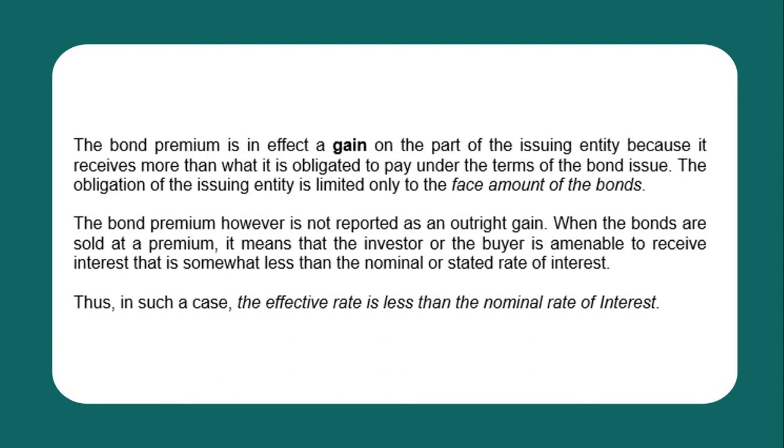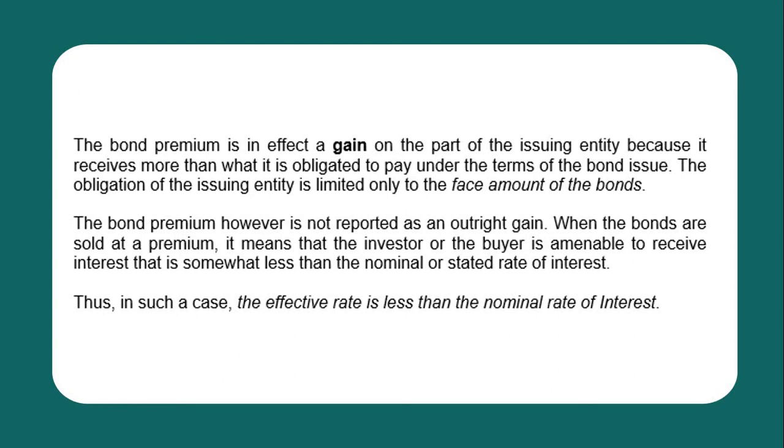When the bonds are sold at a premium, it means that the investor or the buyer is amenable to receive interest that is somewhat less than the nominal or stated rate of interest. Okay, so katong ginansya nga to ang gi-expect on the sale of or on the issuance of the bond is not really an outright gain.